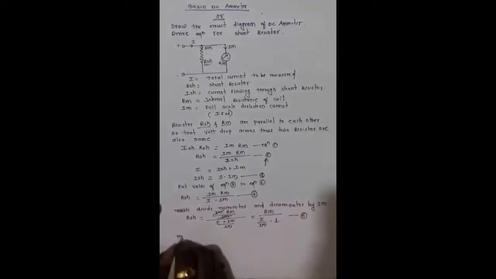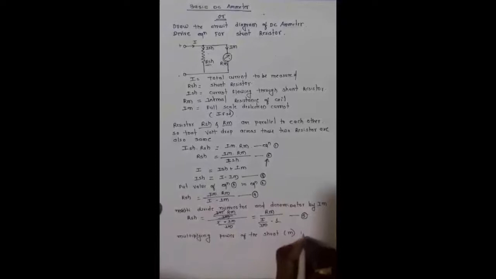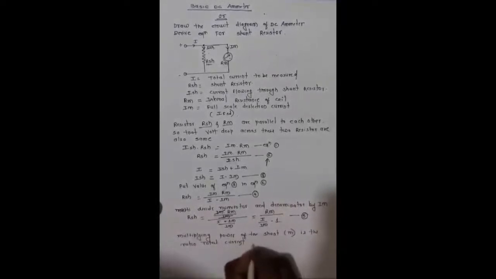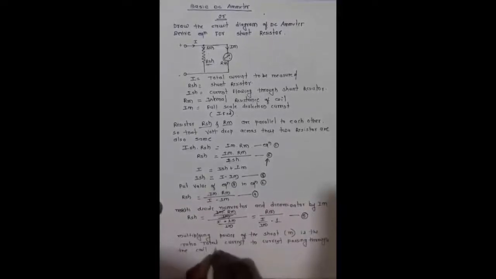Now the multiplying power of the shunt, that is M, is the ratio of the total current to the current passing through the coil, that is Im.